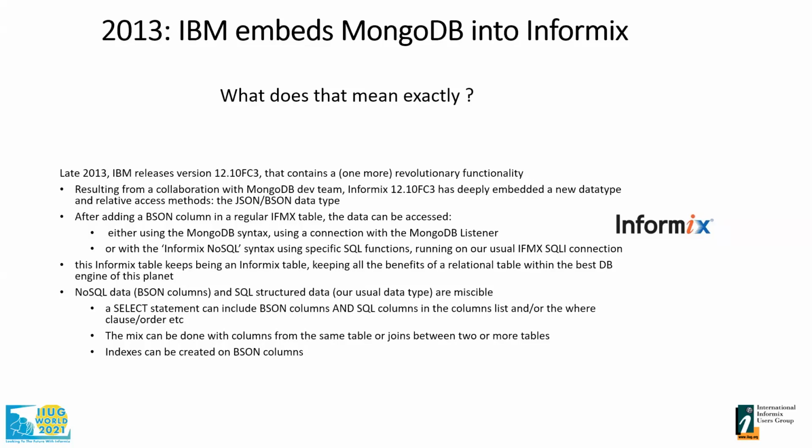The mix can be done with columns from the same tables or joins between two or more tables, just like a regular column, but with something in addition, obviously. Also, indexes can be created on BSON columns.